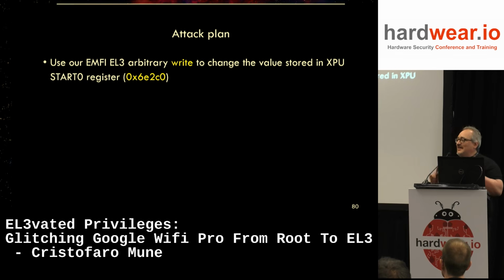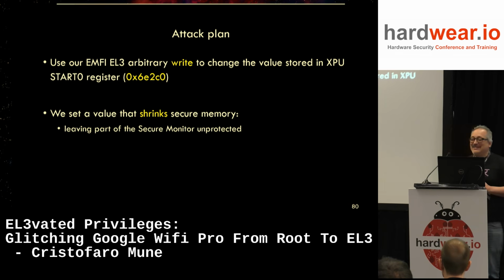And this means that the monitor becomes accessible now by the RE memory also, because the only thing that blocks RE requests to secure memory are these XPUs, not the MMUs. We can discuss that later if you have doubts. So basically, we set a value in this register that shrinks the secure memory.